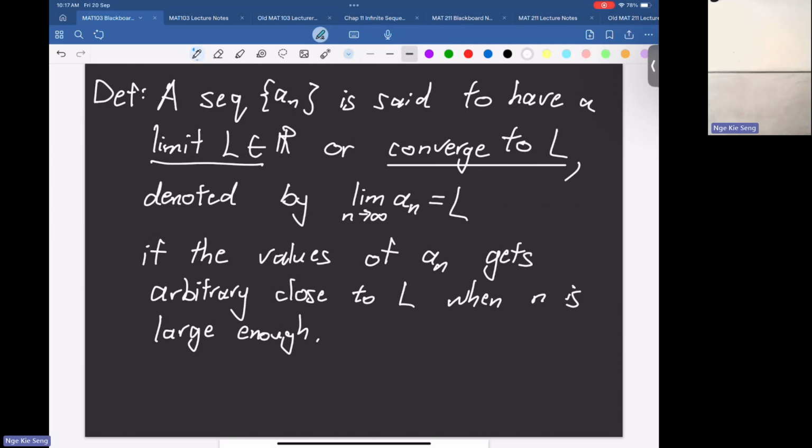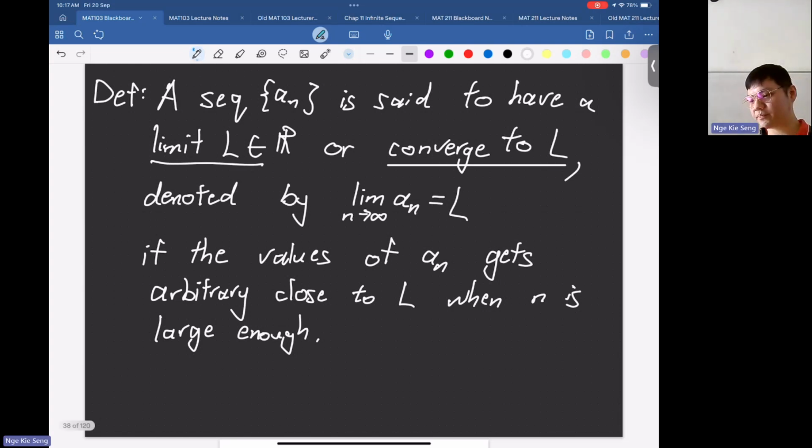Arbitrarily close is 任意的. Trust it. As close as you like. As close as you like. As close as you like.